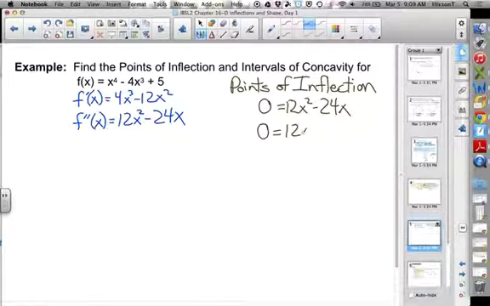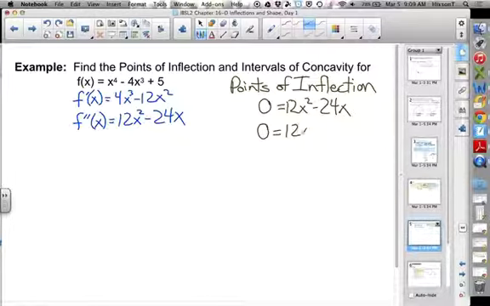So that tells us what the actual points are. The points are 0, 5, because that's just the y-intercept.